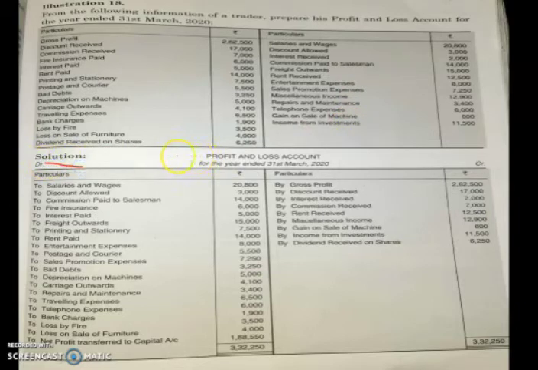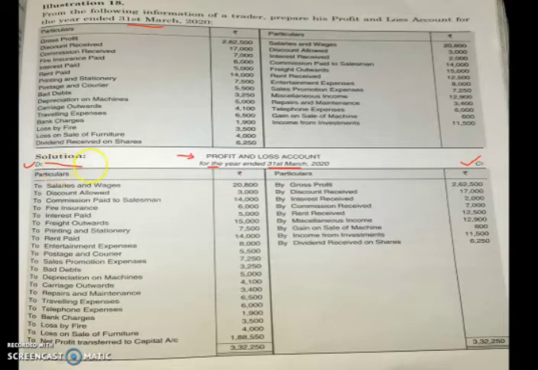The heading you have to write first is profit and loss account. Then the next line you will write is for the year ended. What is the year ended? 31st March. It is given in the question, so as it is you can write 31st March 2020. Next you have to prepare a box in which there will be a debit side and a credit side. Particulars, amount, particulars, amount.